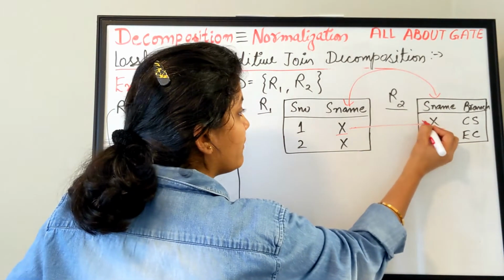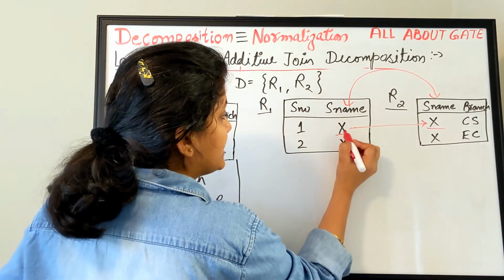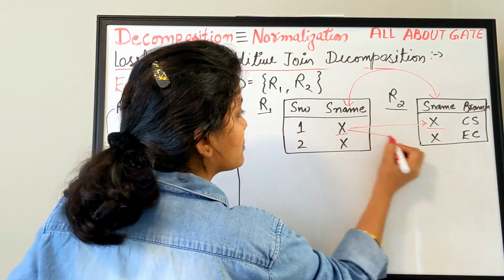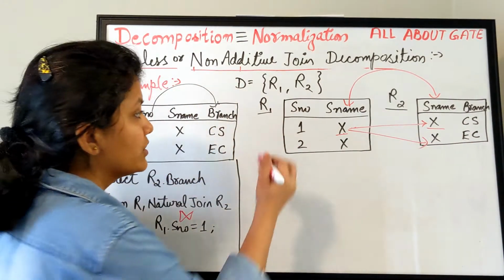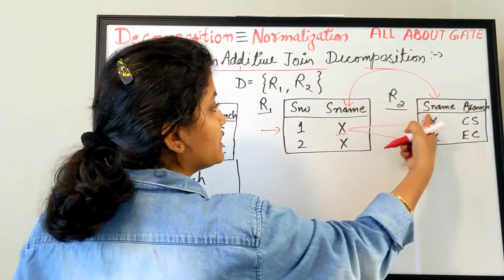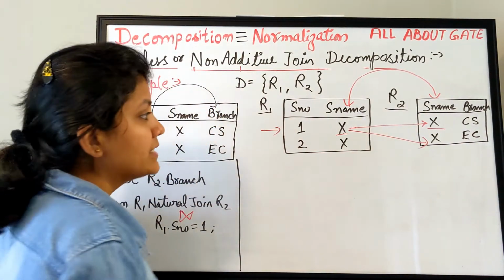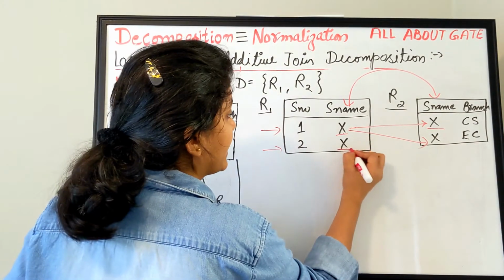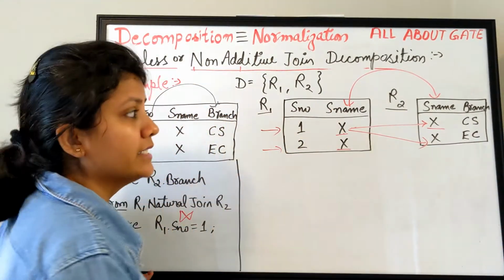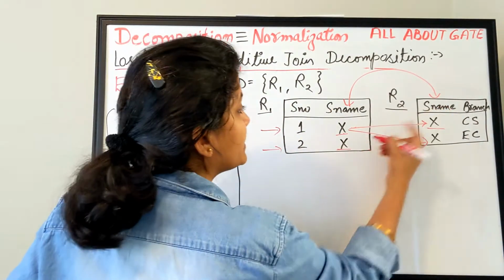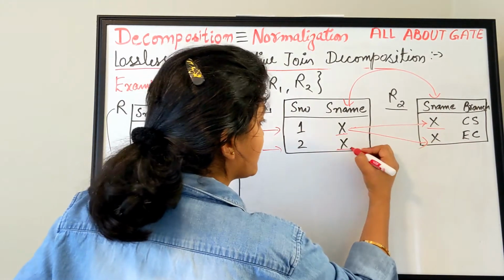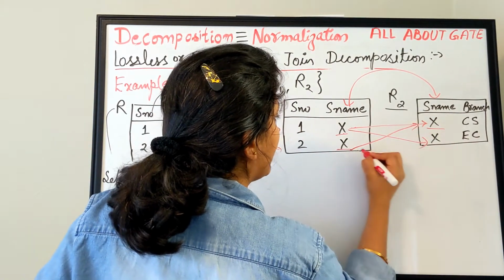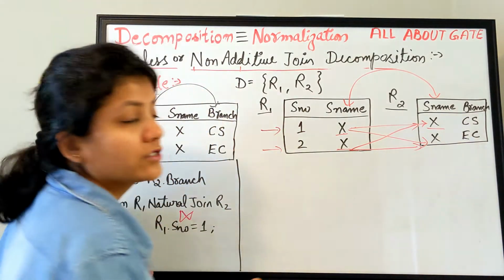Again, this X is the same as this X, so this is also going to merge. So this very first tuple will be merged with this one and with this one. Similarly, the second tuple again has the value of name as x. This will also get merged with x and x. So this will also be merged with this and with this. So that is a join.